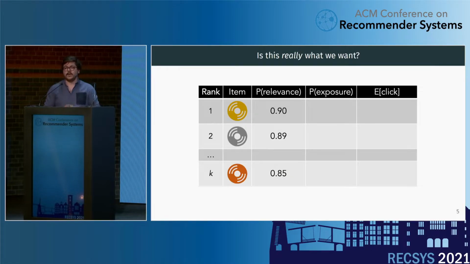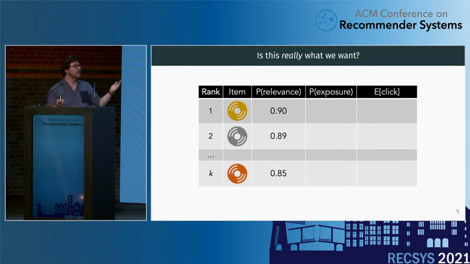Well, we can see an example where we are a music streaming service and we have a perfect model, for example. So we know the true probability of relevance for the entire set of items.